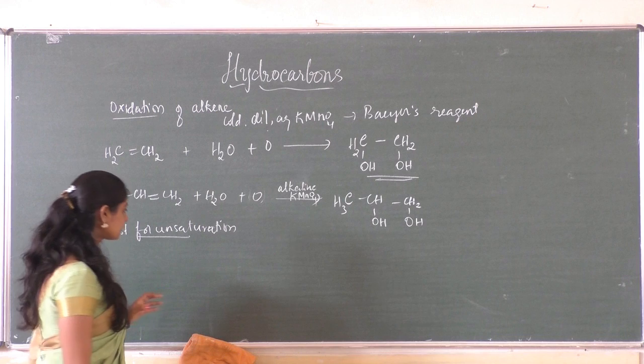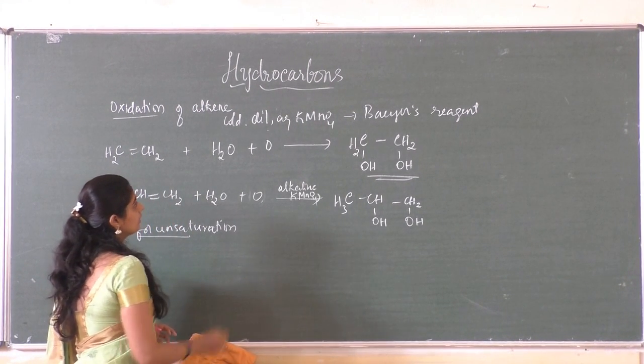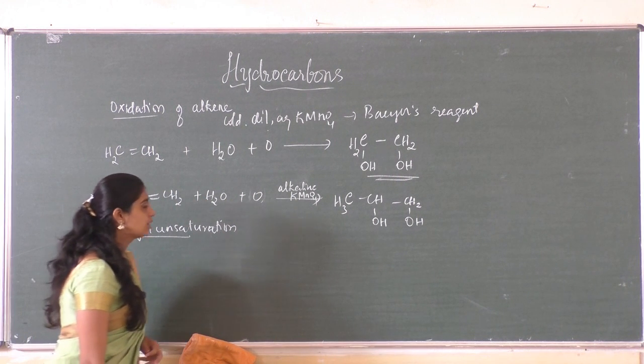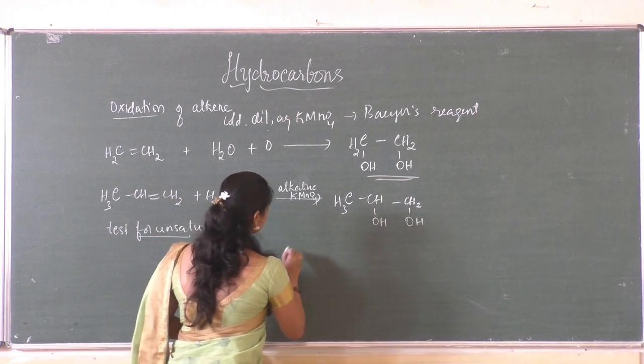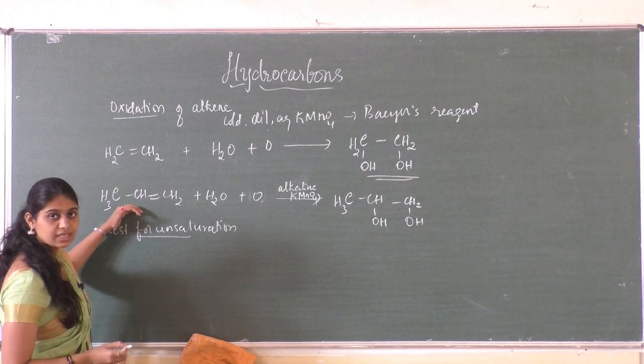Whenever unsaturated compounds are treated with Baeyer's reagent, that is cold aqueous dilute KMnO4, the violet color of the KMnO4 gets decolorized by the presence of these alkenes.